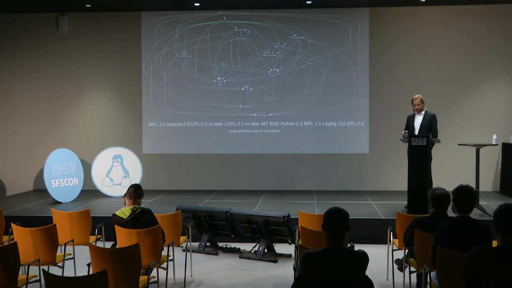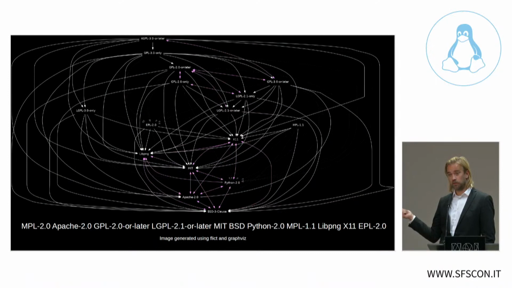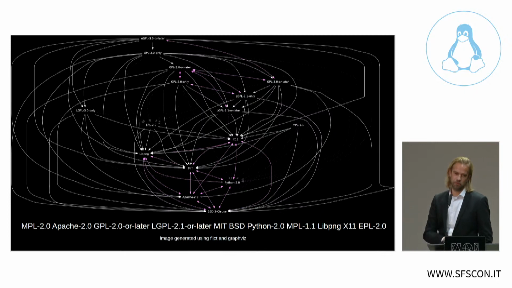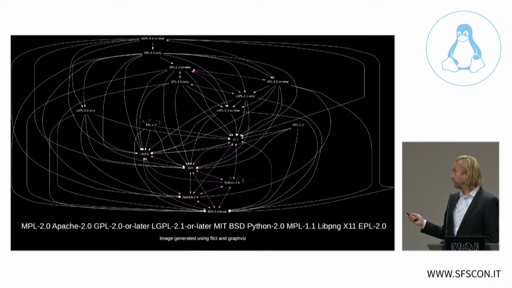This is actually done by the tool that we're developing. So this is a compatibility graph for MPL, Apache, some of the trickier ones. If you set out to write a dependency graph for all the licenses, you're going to fail, or it's going to be unusable by humans.